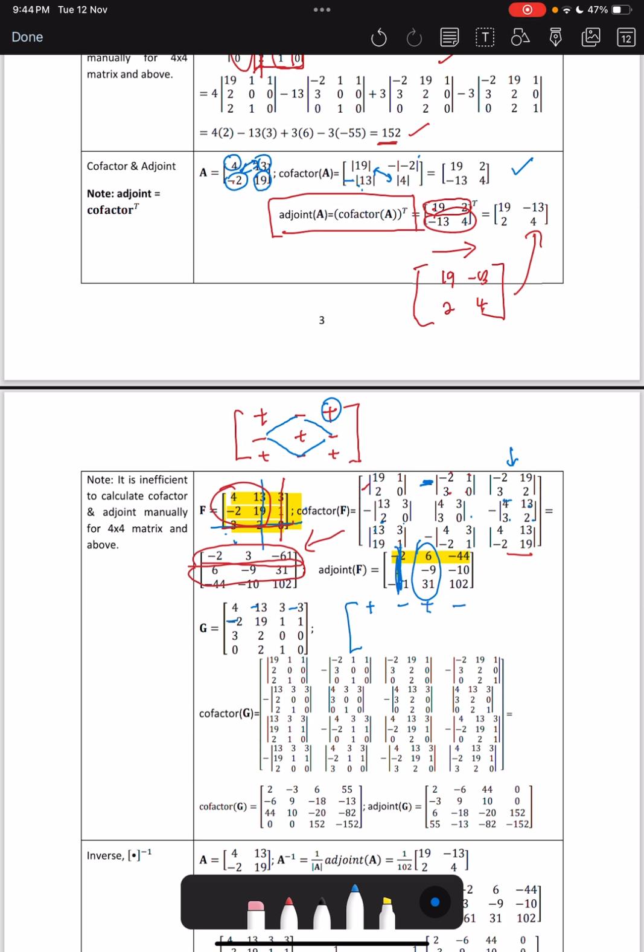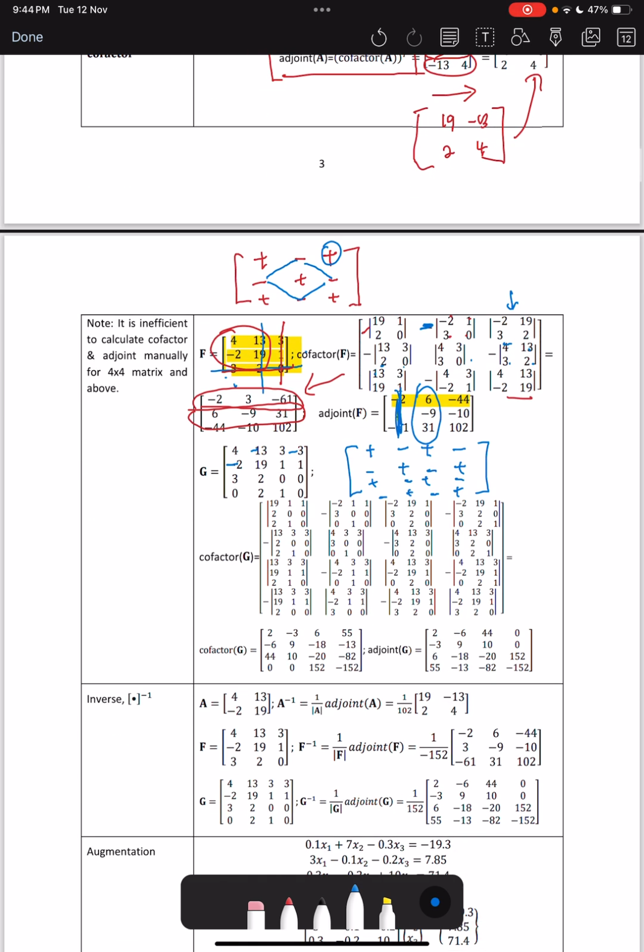Negative, positive, negative, and then negative, positive, negative, positive, positive, negative, positive, negative, negative, positive, negative, positive. Okay, that's the sign of this cofactor. Same concept as the first one. If you do it slowly, you will get this as an answer, and the adjoint is actually the transpose of the cofactor.